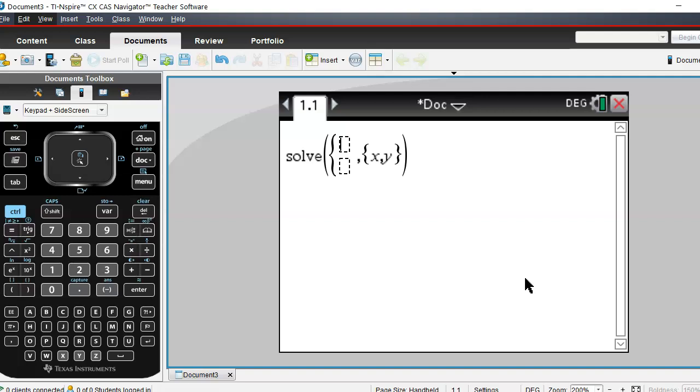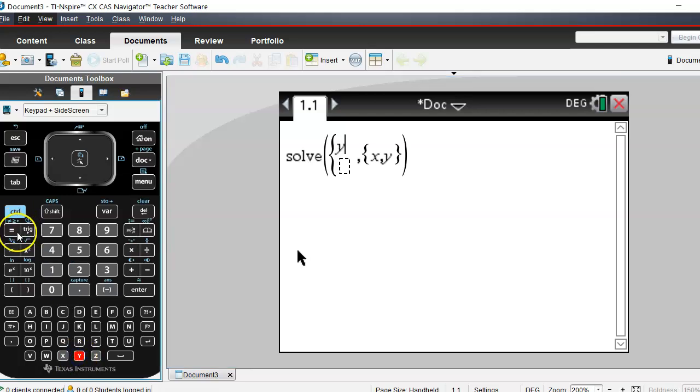So solve that first one. y equals 2x plus 5 is my equation 1. Arrow down. 3 times y plus 2 times x equals 40.